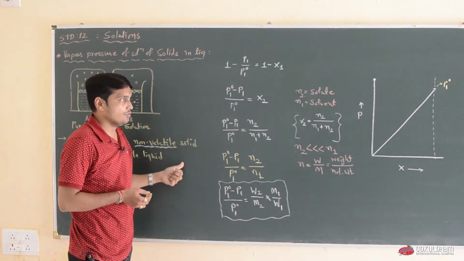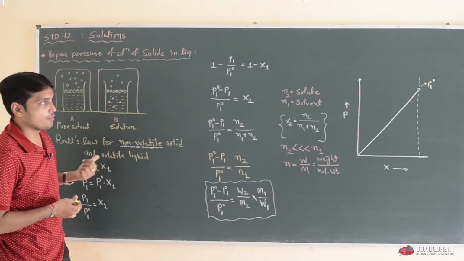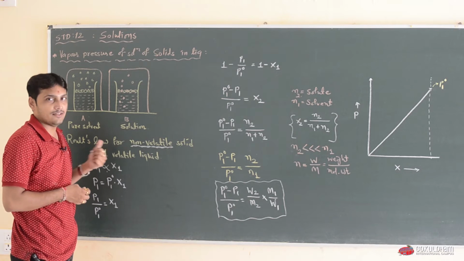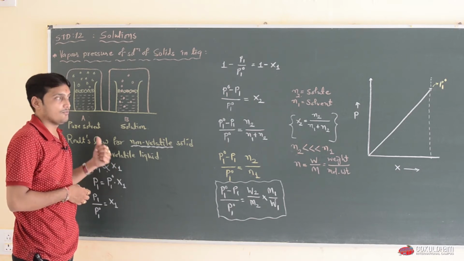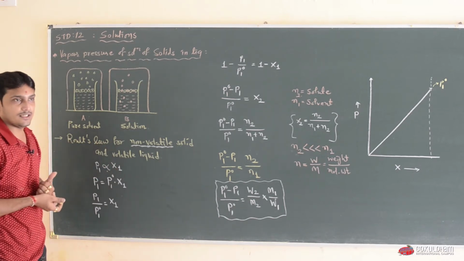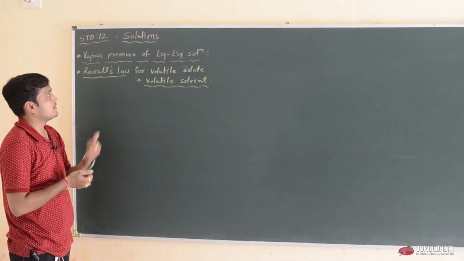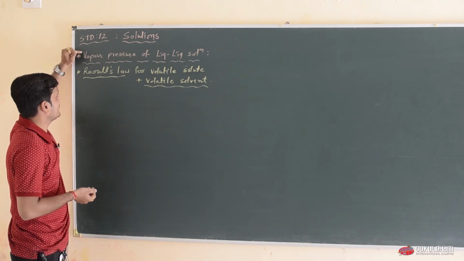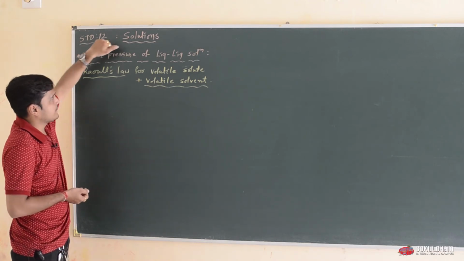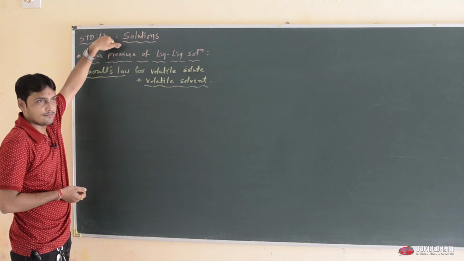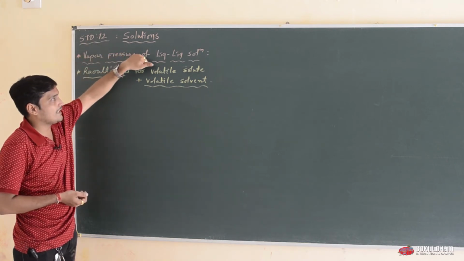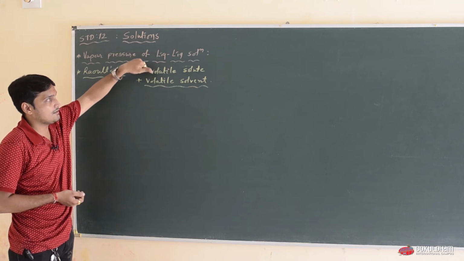This rule is asked for 4 marks in your board exam, and this theory is very important for your board examination. This is our second most important theory that can be asked in various ways: vapor pressure of liquid solution, and in another way, Raoult's law for volatile solute and volatile solvent.